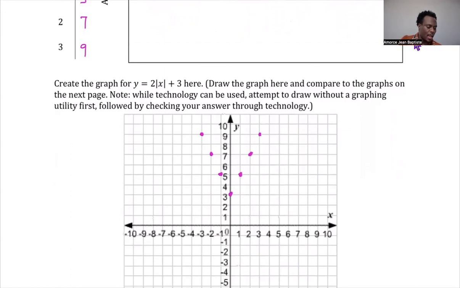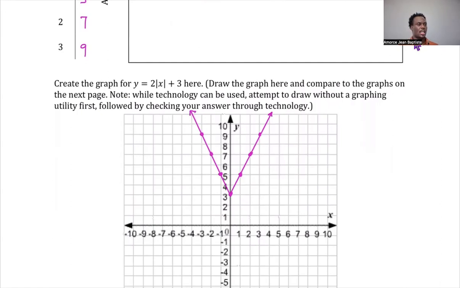Now we have all the values. We can connect the dots to create that line. And then we know that it continues indefinitely. Same thing over here. We connect and then extend to create that other side of this.